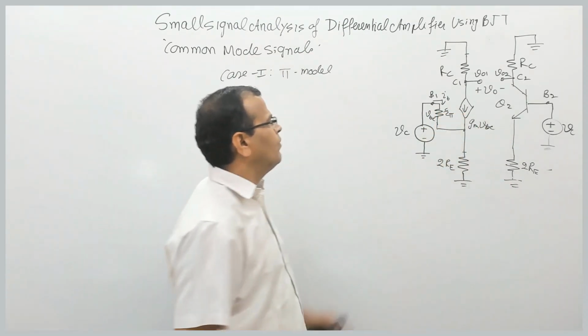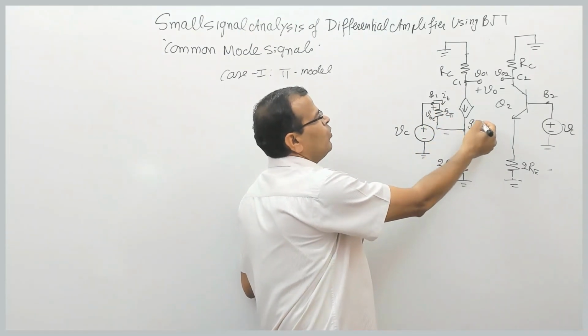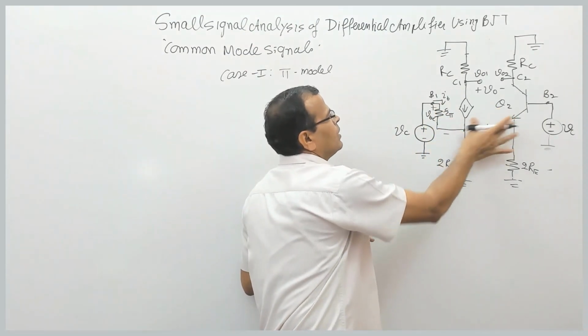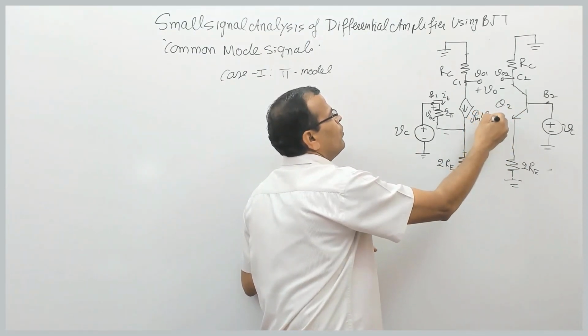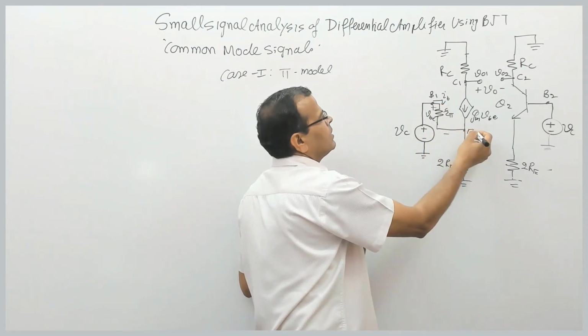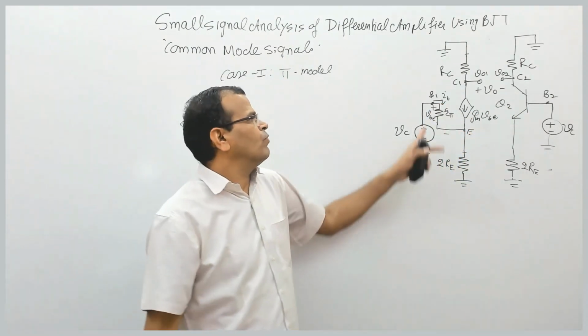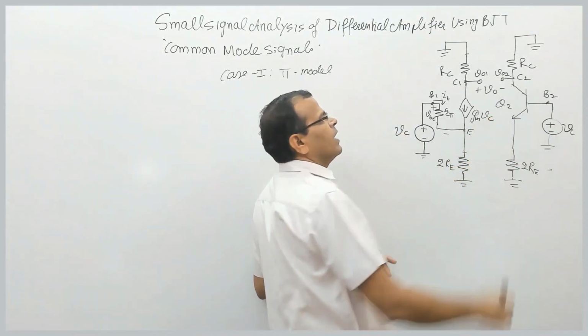This source is gm into VBE, that is the voltage between the base terminal and this terminal, this is E. But the voltage VB is the same as Vc, so I'll be taking Vc directly.